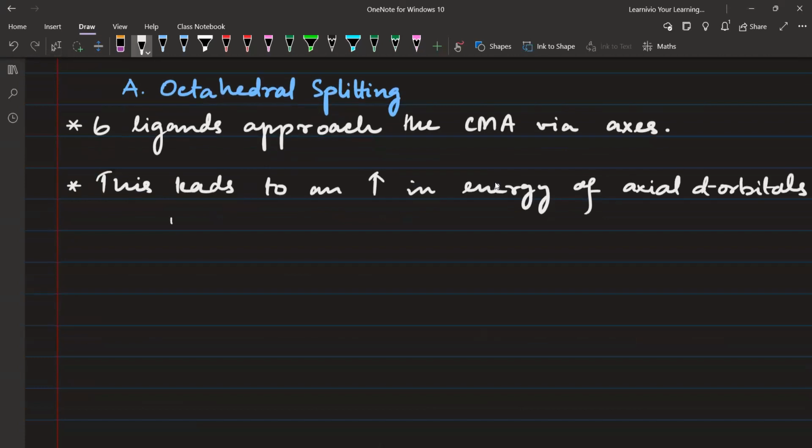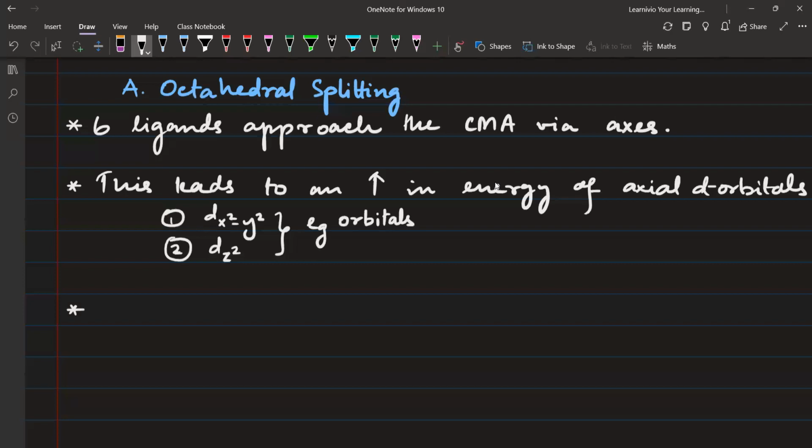Which are the axial d orbitals? The dx square minus y square, and the other one is known as dz square. Both of them are known as eg orbitals, the eg set of orbitals. And the energy of non-axial d orbitals decreases.